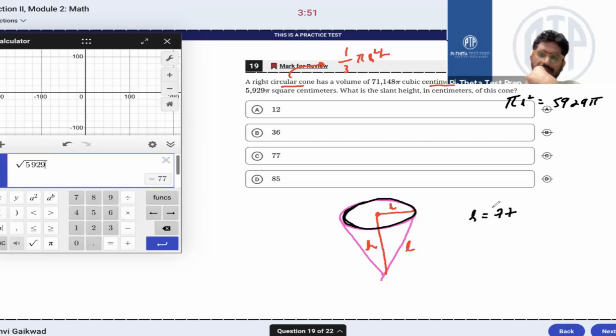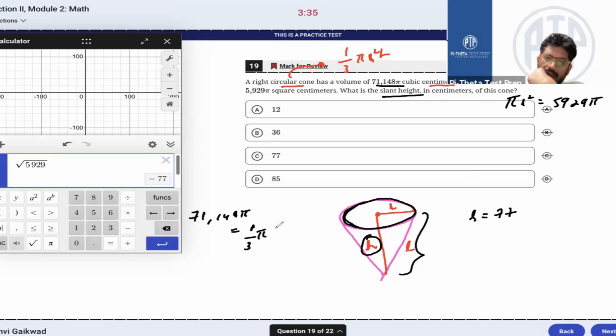My radius is 77. But I don't have the height. See, slant height is this, but I need to find the height. For finding the height, I have the volume here. So volume is 71,148 pi, and that is 1 by 3 pi r square, where r is 77 square, and I'll get the height. I'll just cancel pi here, and 71,148 into 3 divided by 77 square is my height.